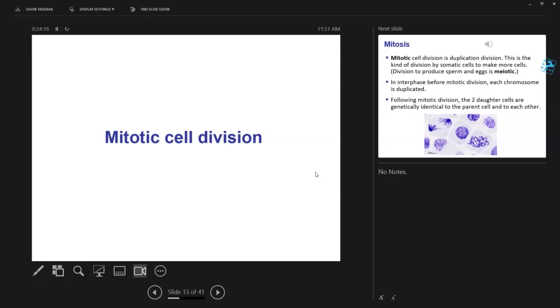Mitotic cell division is just a cell dividing to make more cells. This is what happens for growth, for healing, and for replacing cells that just wear out and die. And this happens in almost all the cells of your body, except for making sperm and egg in the testes in males and in the ovaries in females. So this is mitotic cell division, but making sperm and egg is meiotic cell division.